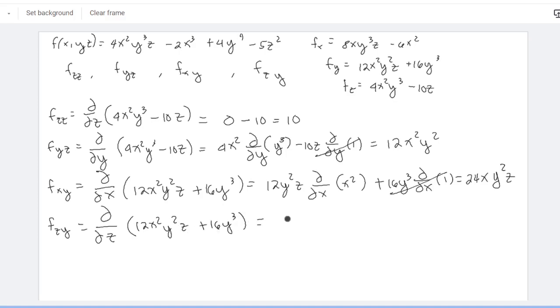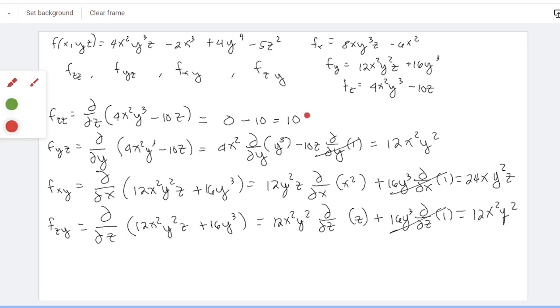So 12x squared y squared times the partial derivative with respect to z of z, and plus 16y cubed times the partial derivative with respect to z of 1. Again, that becomes 0, and the z becomes 1, so 12x squared y squared. So those are the final answers.